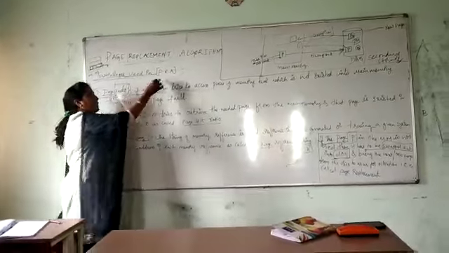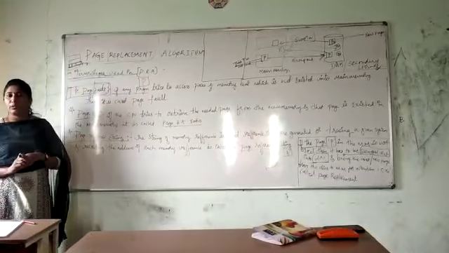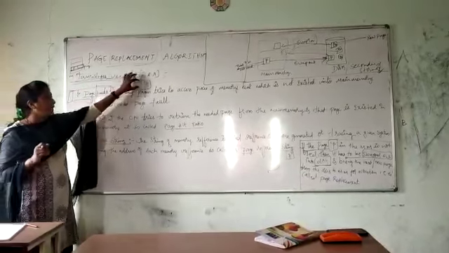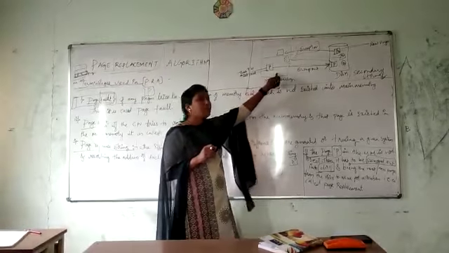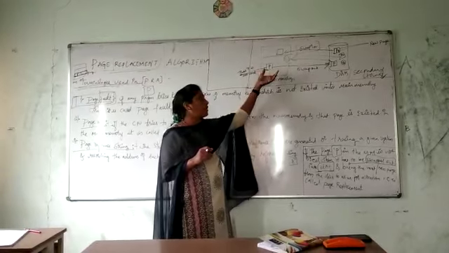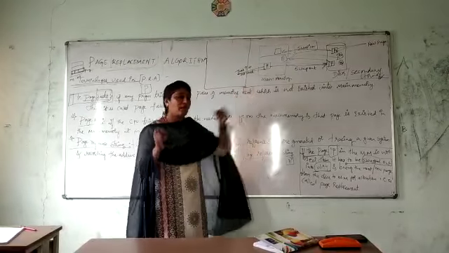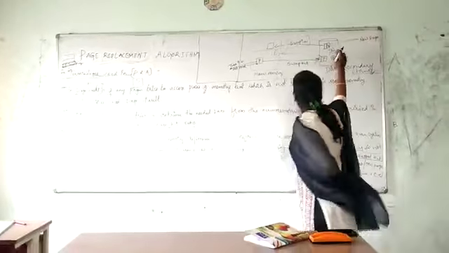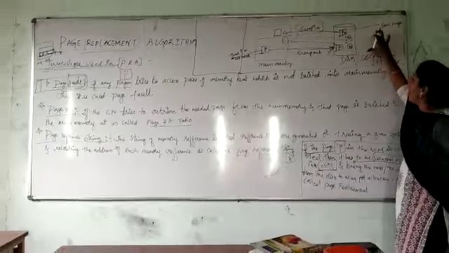Means if any page, a page that we represent with the help of P. If you want to access a piece of this in the main memory and it is not found, we say that a page fault occurred. For example, here there are 3 pages in my secondary disk or secondary storage.